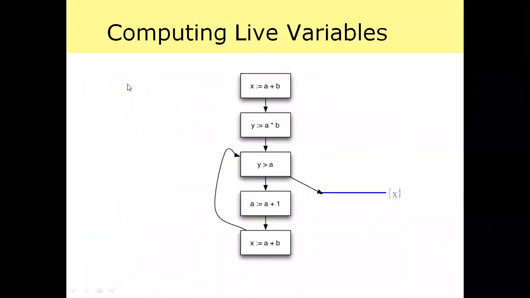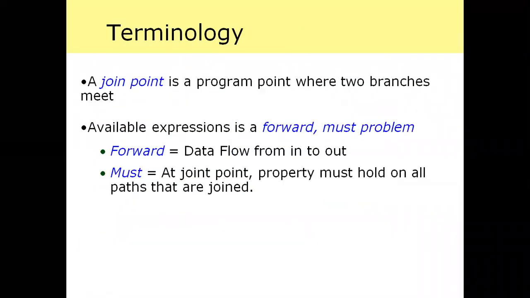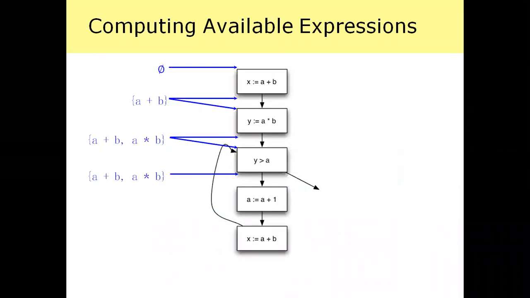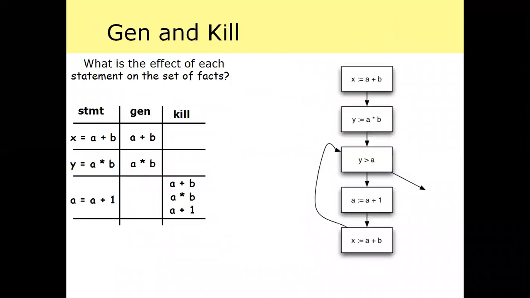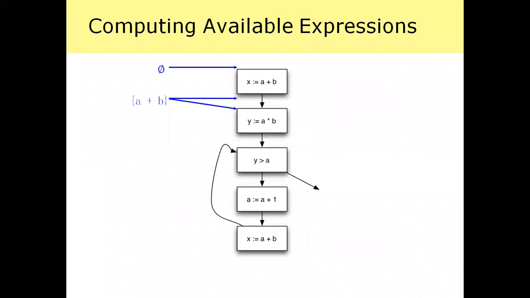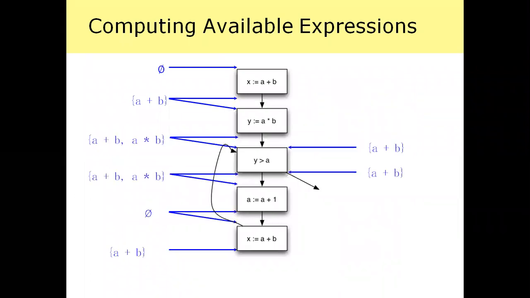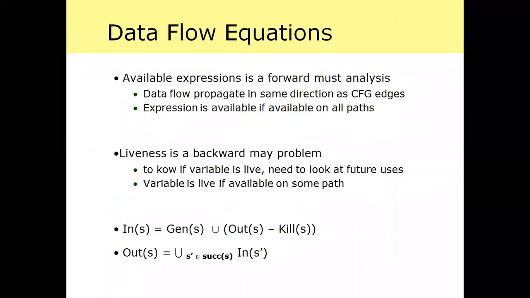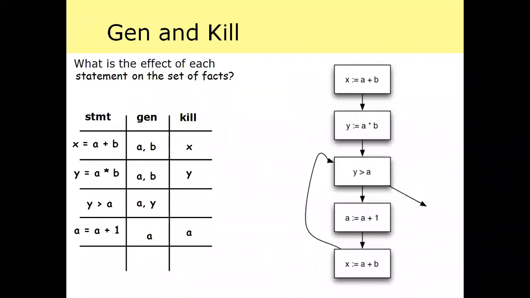There I was taking statements like a plus b, a star b, a plus 1, showing which expressions are generated and which are killed. Here in liveness analysis, I'm talking about the variables, whereas there I talked about the expressions.